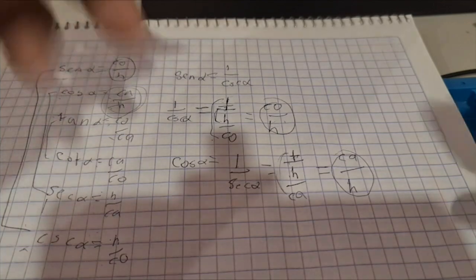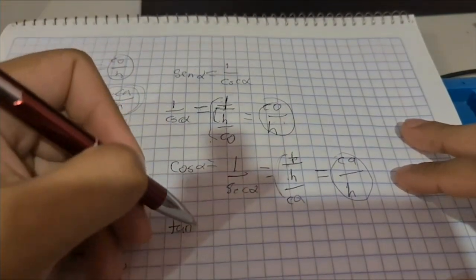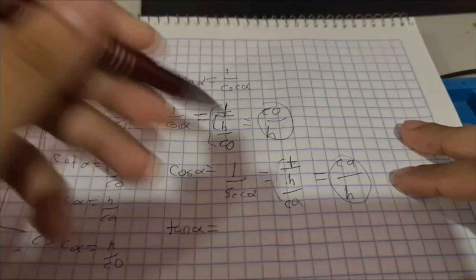Now for the tangent, we know that the tangent is equal to 1 over the cotangent.